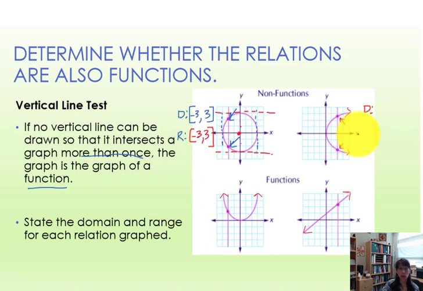So domain deals with x values. I can see that this parabola does not go on the negative side of x. Its smallest value of x is right here at the origin. So it would be equal to 0. And as we head to the right-hand side, or where x values are positive numbers, notice that there are arrows.